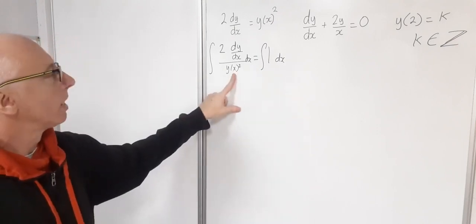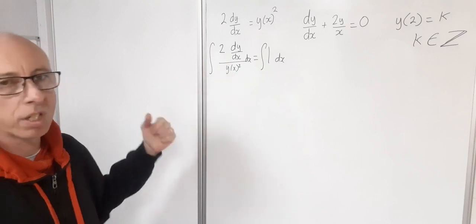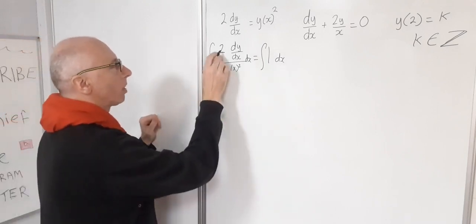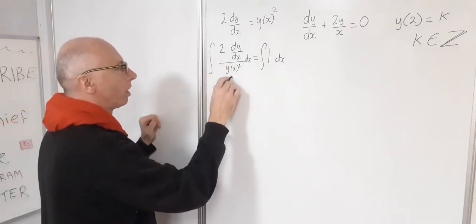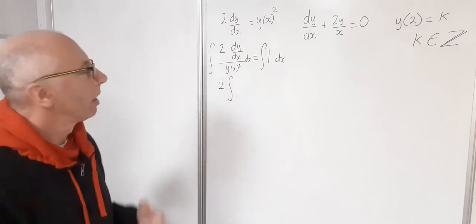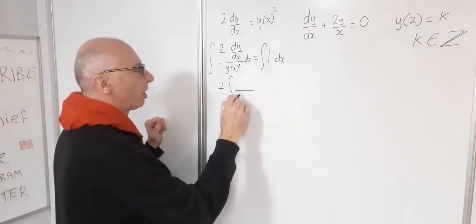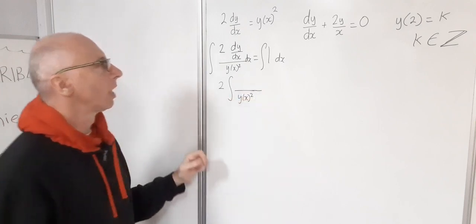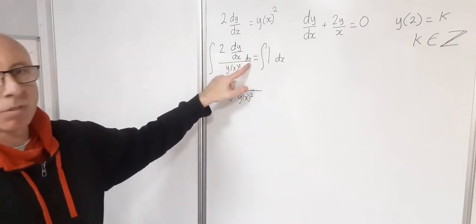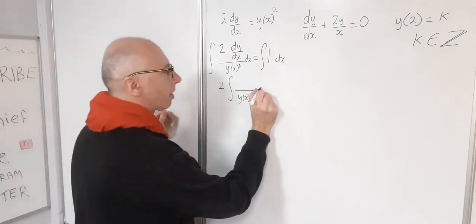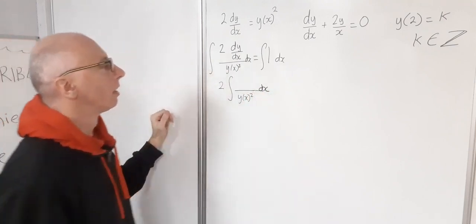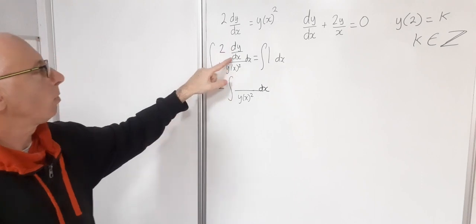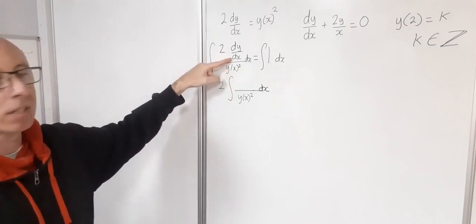This side is a little bit untidy, so let's just try and tidy that up a little bit. So the 2 can come out front, leave the integral sign. It's still going to make a fraction, so my y of x squared will stay there. And we still need to integrate with regards to x, so my dx can go here. And here I've got dy/dx. That's the last bit I need to sort out.